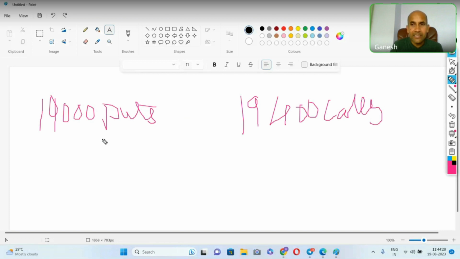So my question is, does it mean the market never goes below 19,000? Does it mean the market doesn't go up to 19,400? Because we see 19,000 puts as the highest open interest, and 19,400 as the highest calls open interest.